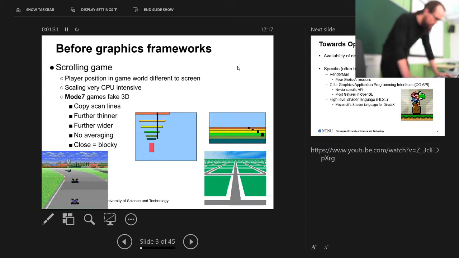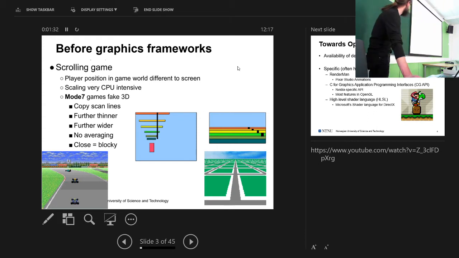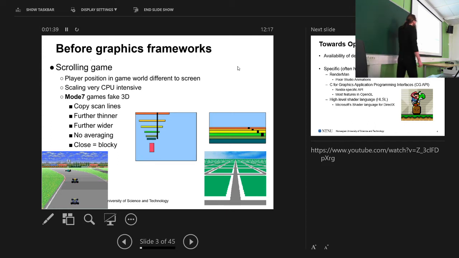So just briefly some history. I will go quite fast through this. If you want to read more, you have the slides and you can go and look these things up. But basically, in the old days, you didn't really have that much processing power, so you had to find different tricks of making things appear like 3D. So basically, you had to draw things in 2D in a way that gave the perception of depth.